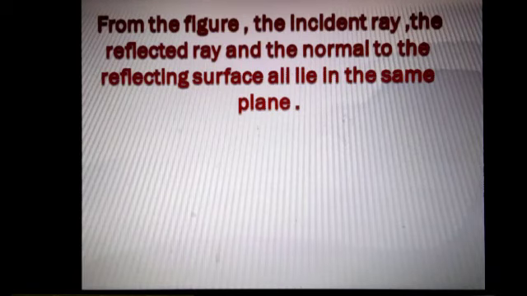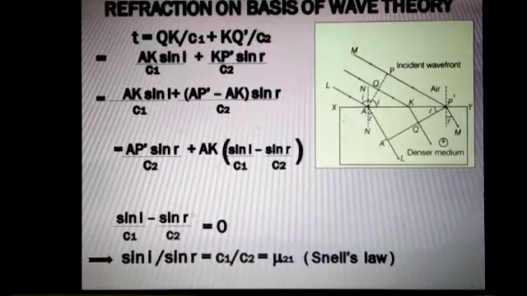Further, as the incident wavefront, the reflecting surface and the reflected wavefront are all perpendicular to the plane of the slide, the incident ray, the normal and the reflected ray, which are respectively perpendicular to AP, XY and A'B', all lie in the same plane. This is the second law of reflection.